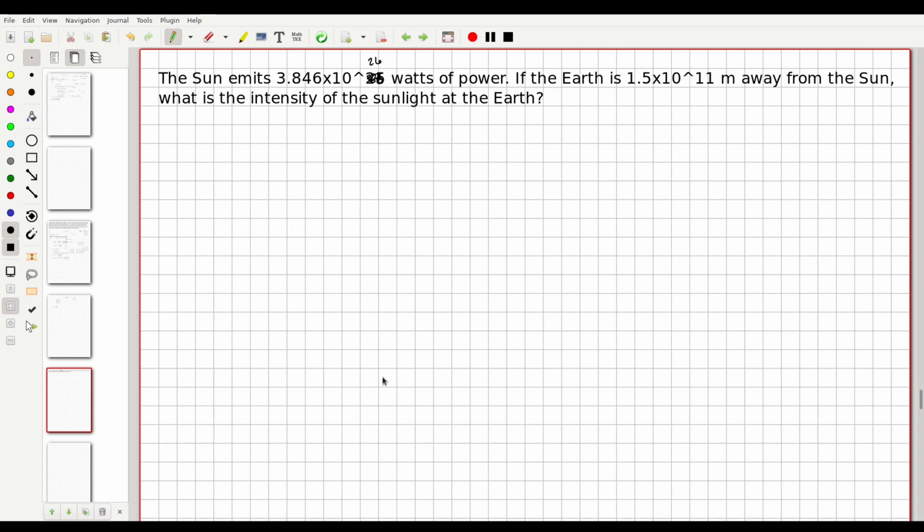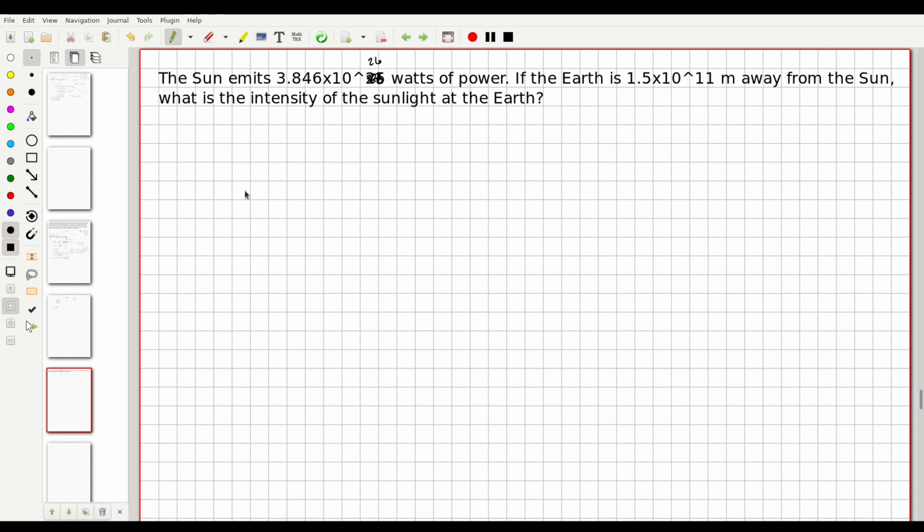So intensity is more along the lines of what we experience and what we measure, as opposed to directly measuring something like power or energy. Those are all things that are indirectly measured. So here, what we're really asking is how bright is the sunlight at the Earth?